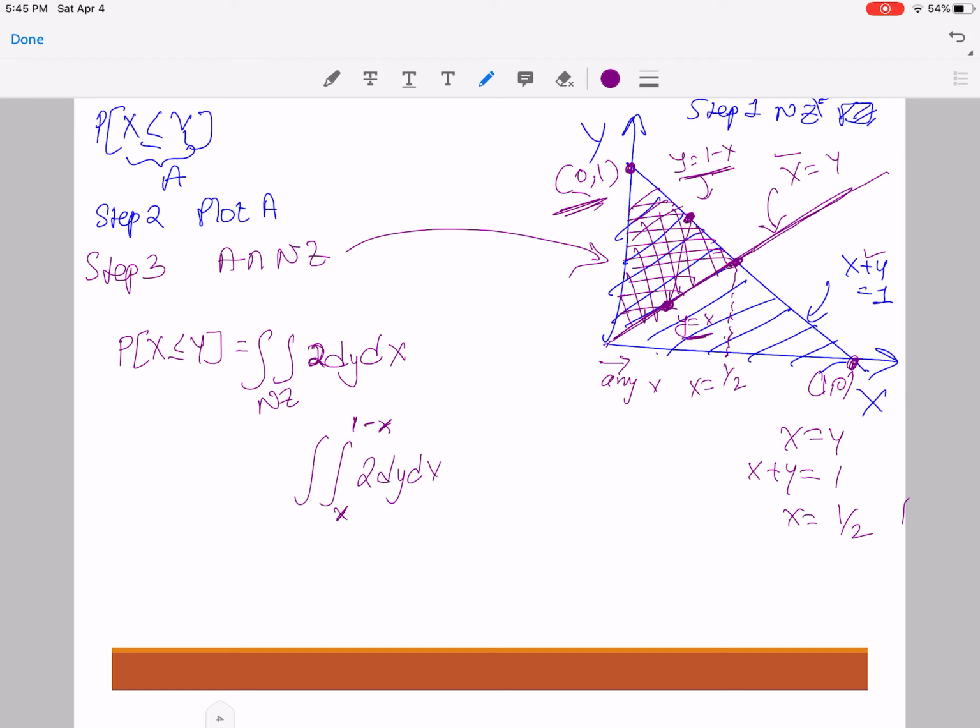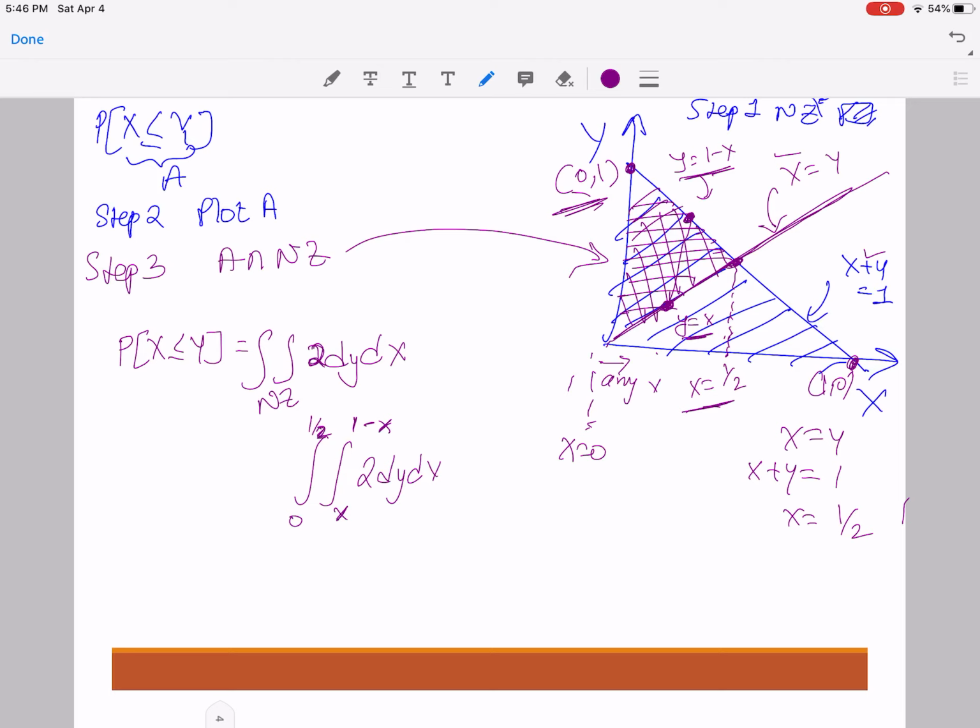Once I have integrated y out, once I have disregarded y, x varies from 0 till x is equal to 1/2 in this region. So x goes from 0, but it never exceeds 1/2 in this region. So 0 to 1/2. Now, whenever you have such a setup for double integration to find the probability, always make sure that the outer limits of integration involve constants. In that way, you will always get a constant value for your integration.